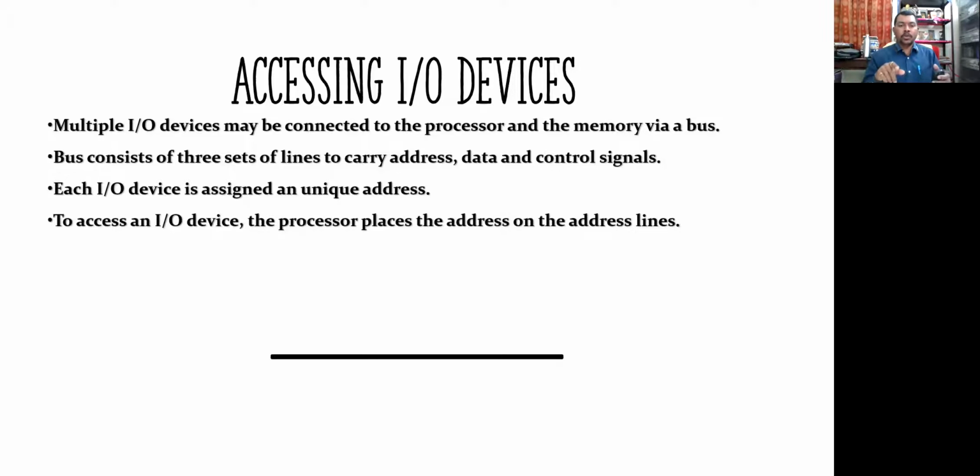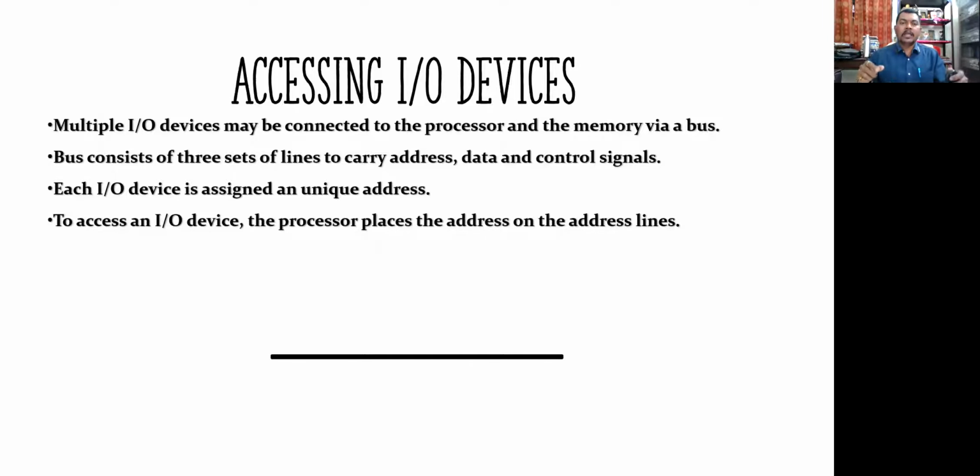And to access an input output device, the processor places the address on the address line. So it has to place that unique code which we are specifying for that particular input output device on the address line, and then only the data bus is going to give the control so that the processor and that particular input output device are going to communicate with each other, right?